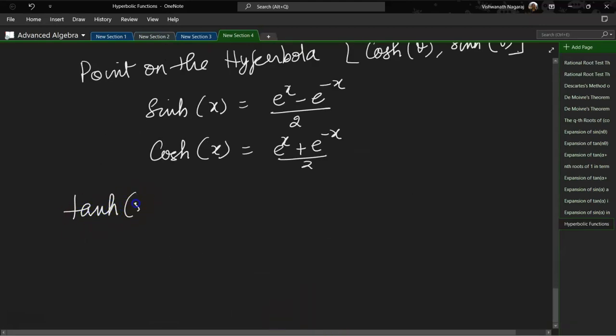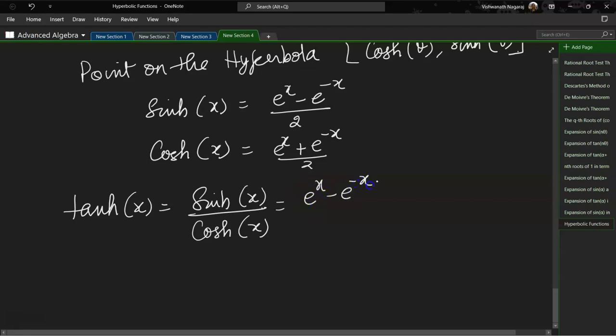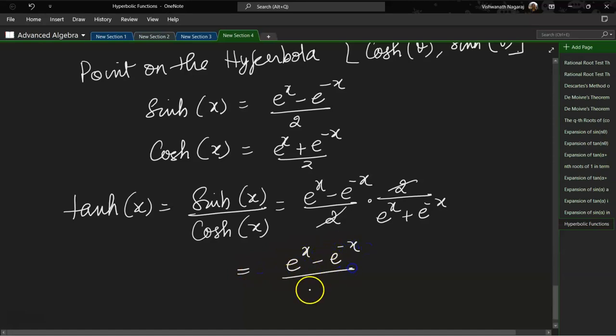Tan hyperbolic of x would be sine hyperbolic of x by cos hyperbolic of x, which means we can write it as e to the power of x minus e to the power of minus x by 2 times reciprocal of cos hyperbolic x. So that would be 2 by e to the power of x plus e to the power of minus x. So which means e to the power of x minus e to the power of minus x by e to the power of x plus e to the power of minus x.